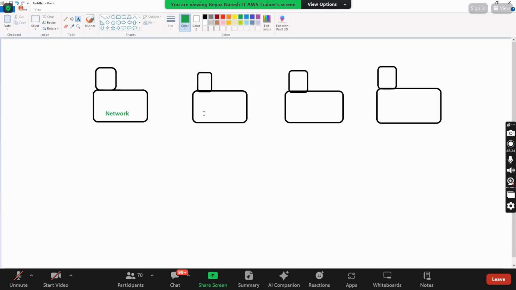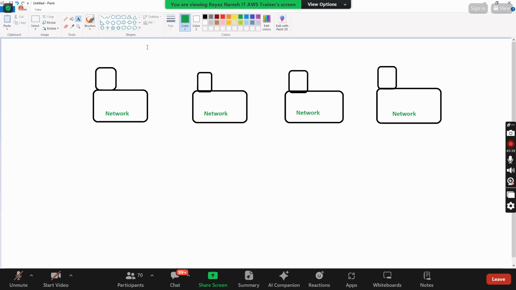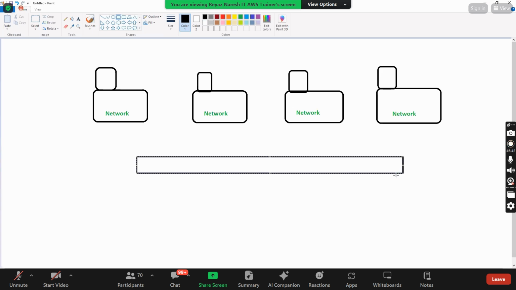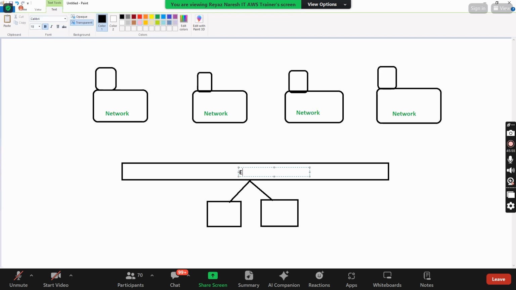What these captains will do is use the application designed by us. The application will definitely be on my load balancer, right? I have the EC2 instance. I'm just drawing it roughly here. This is my application load balancer, and this is my EC2 with my application.